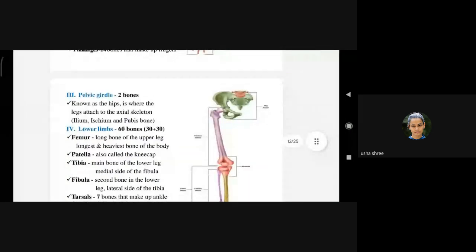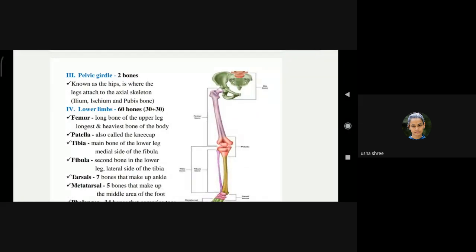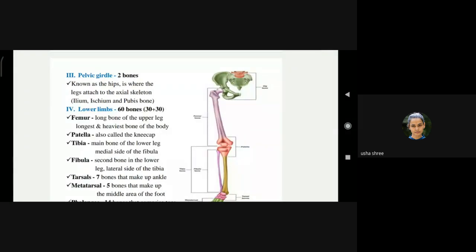Now, our next part of the appendicular skeleton is the pelvic girdle. The pelvic girdle is also made up of 2 bones, also known as the hip, where the legs attach to the axial skeleton.